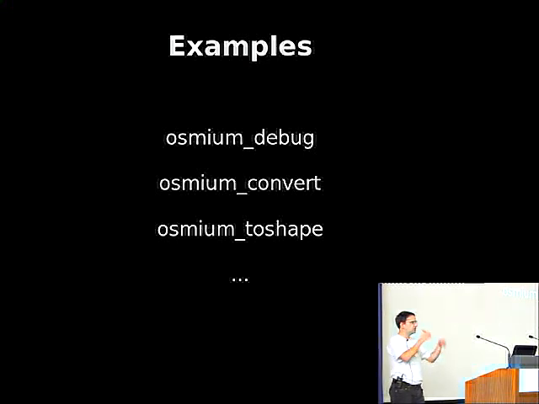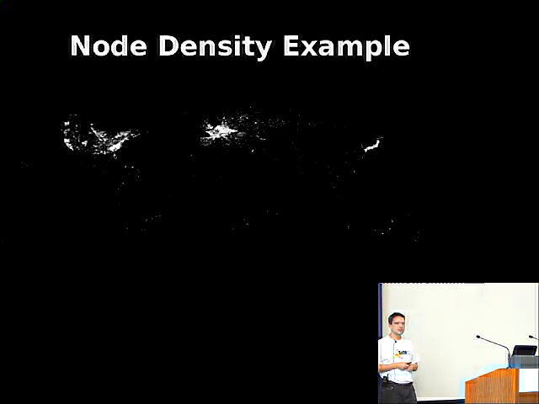Osmium can convert from PBF to XML and back, compressed or not compressed, and these kinds of things. Osmium 2Shape creates simple shape files from OpenStreetMap data, just as an example of how to code that. There are a few more examples in the source.